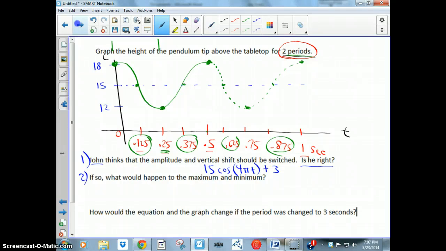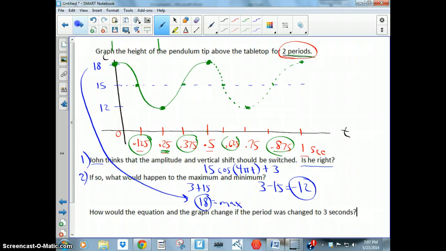What's the maximum now? Well, the maximum is k, which is 3, plus 15. The maximum is 18. Hey, that's still the same. How about the minimum? Well, the minimum would be the k value minus 15. Whoa, 3 minus 15, yuck, that's negative 12.